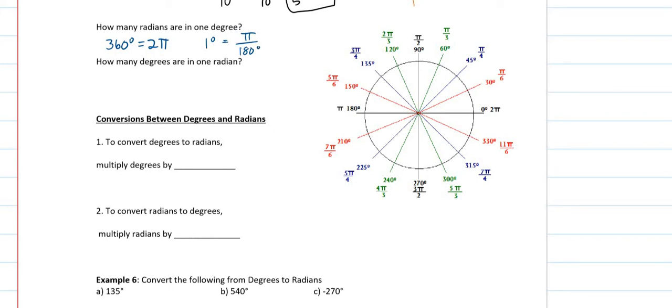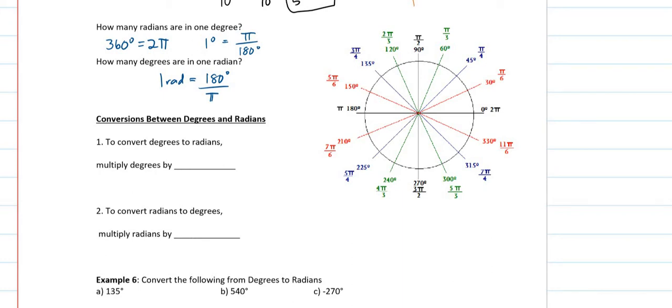And if we use the same thing and we solve for radians instead, we know that 1 radian is going to equal 180 degrees over pi. So that ratio, 180 degrees over pi or pi over 180 degrees, is how you're going to convert between degrees and radians.